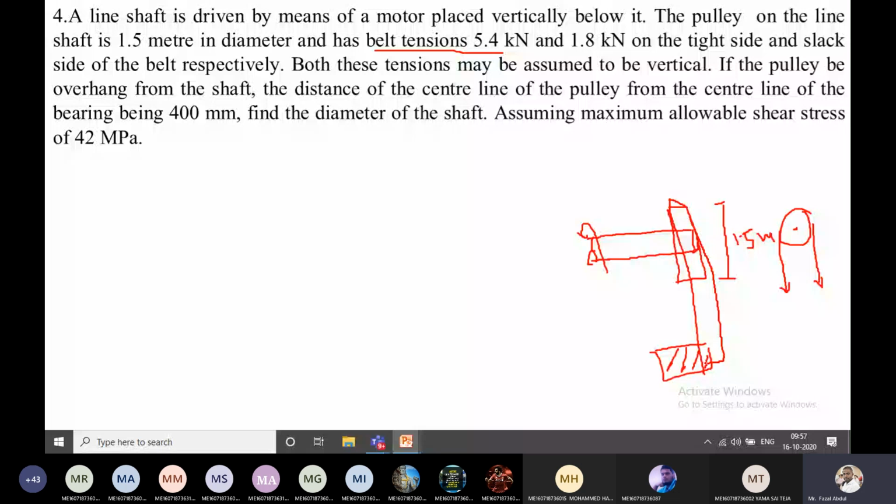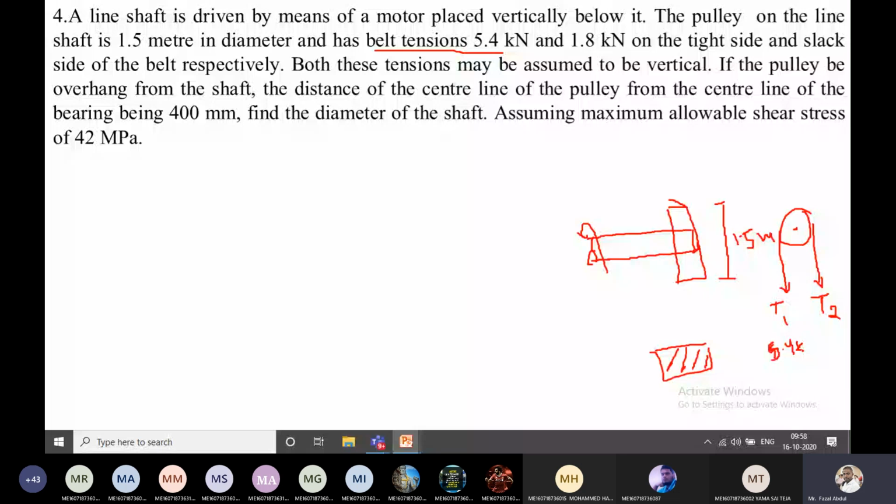Remember this: the tight side of the belt has the maximum tension, and the slack side has less tension compared to T1. 5.4 kilonewtons and 1.8 kilonewtons are given for the tight side and slack side of the belt drive respectively. Both these tensions may be assumed to be vertical, so I have drawn them vertically.